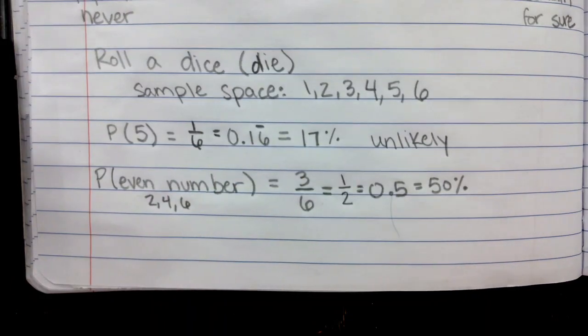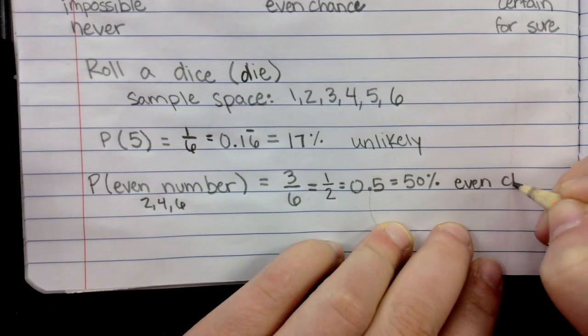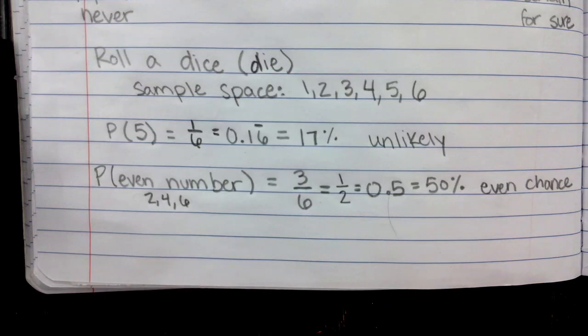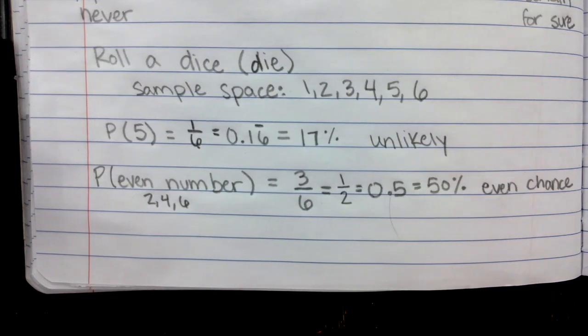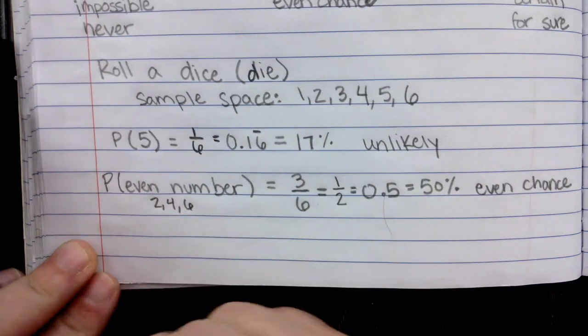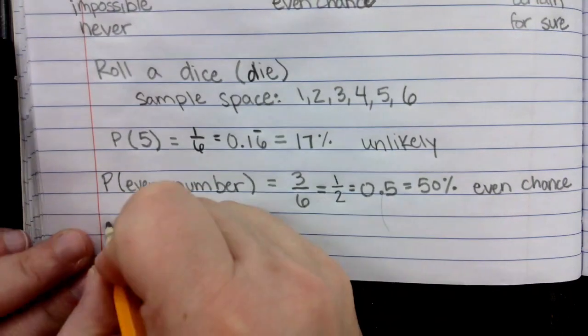Probability of not 3. This one has that word not in it. What does that mean if I want to not roll a 3? I don't want it. I want anything other than a 3.